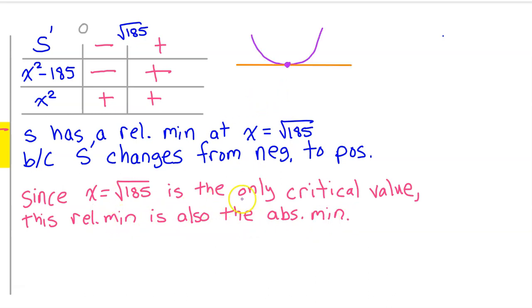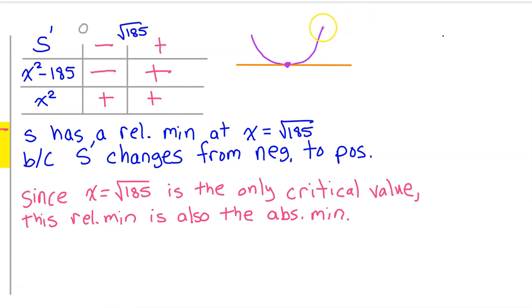Here's why that second statement makes sense. When we found the critical values of S, we were finding where S prime was equal to 0. In other words, we found where S has a horizontal tangent line. So because S prime went from negative to positive, we know we have a relative min right here. But is it also the absolute min? Well, that depends on what happens as the graph continues.